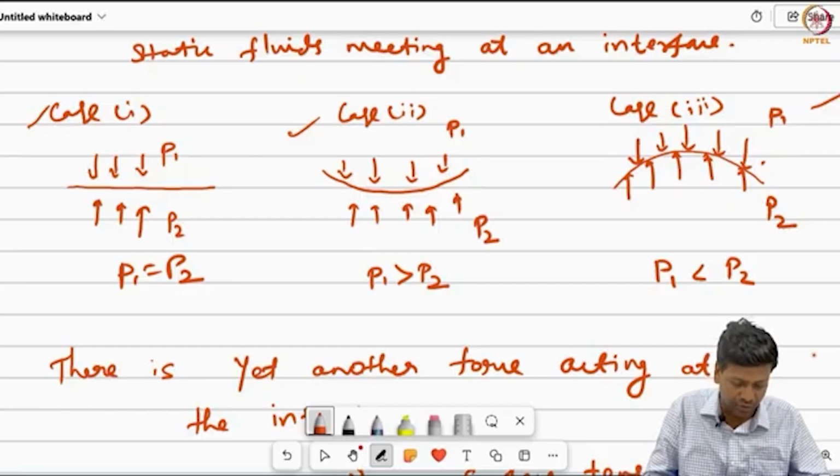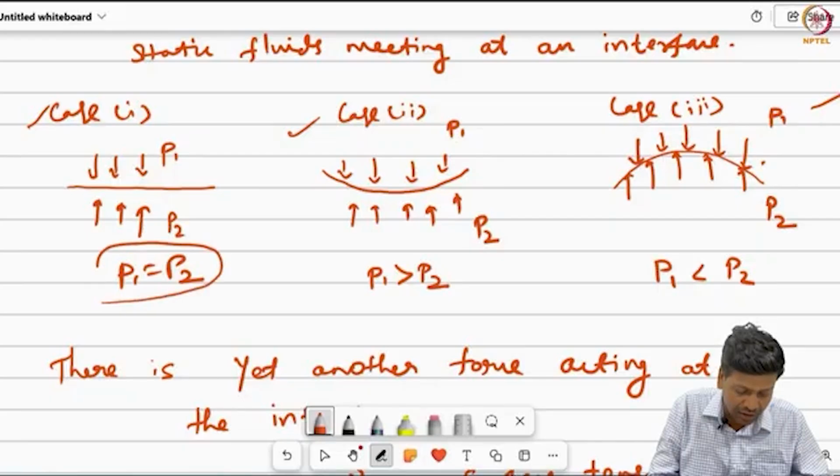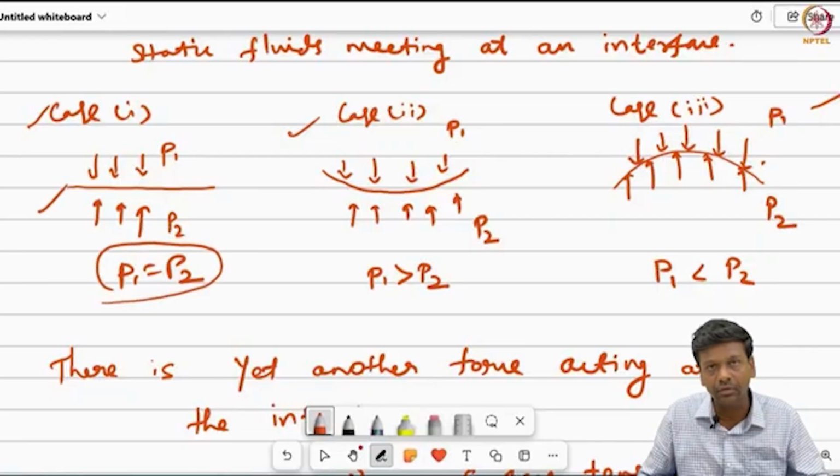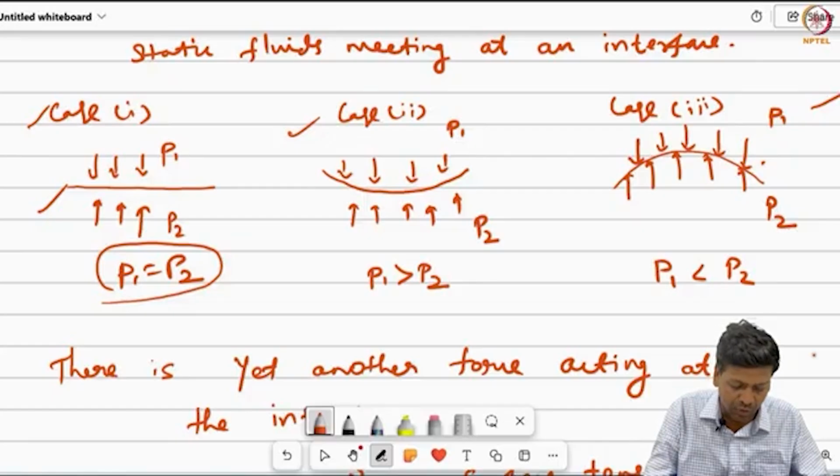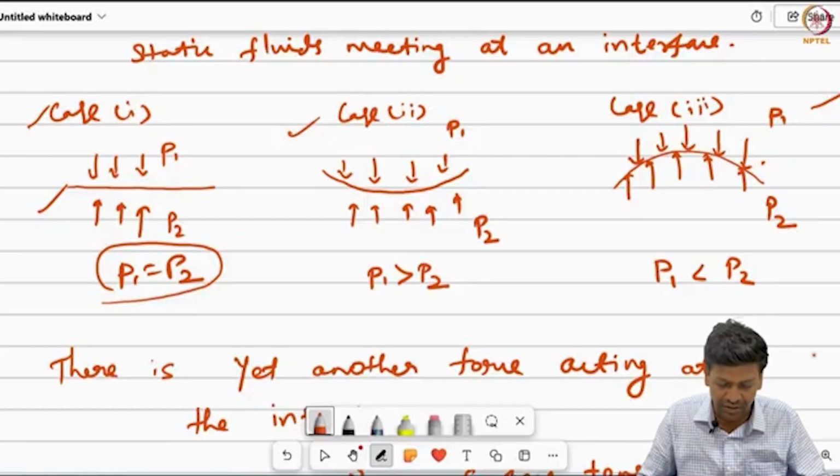In such a scenario, one would expect a flat interface, right? Because the pressure effect is eliminated since the pressure acting on both sides is equal. So this is mostly applicable in the flat interface case.